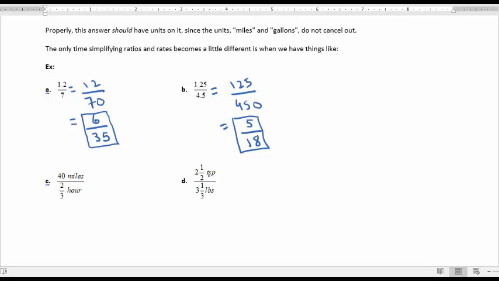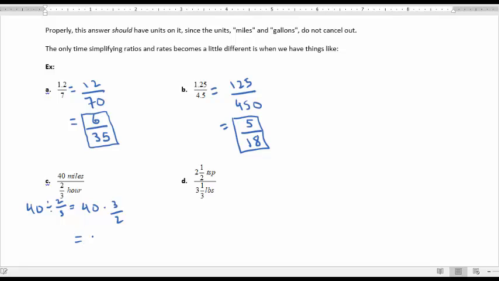And these are now rates, not ratios, because they have different units: miles per hour, teaspoons per pound. So here you could use your rule about fraction division. 40 divided by 2/3 is keep, change, flip: 40 times 3 over 2.